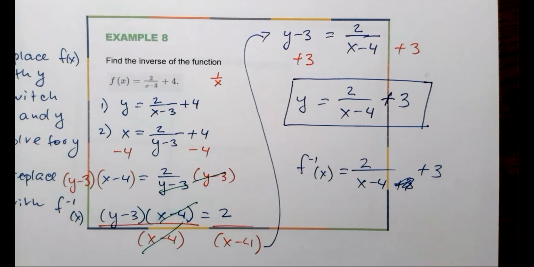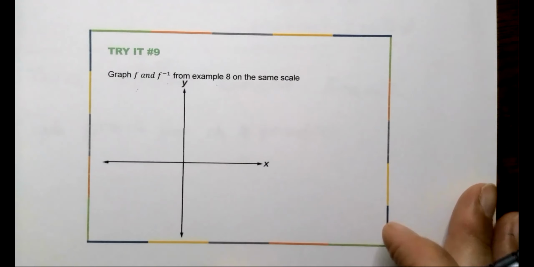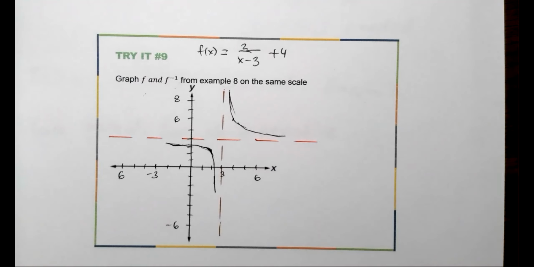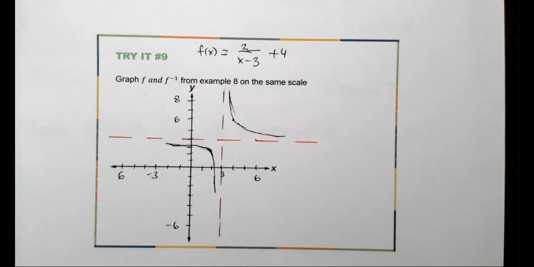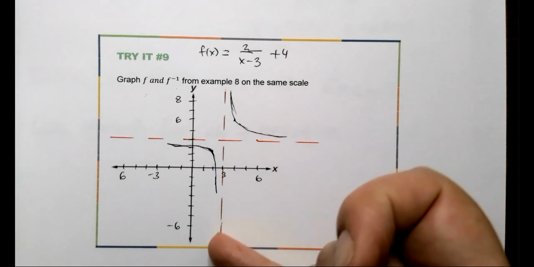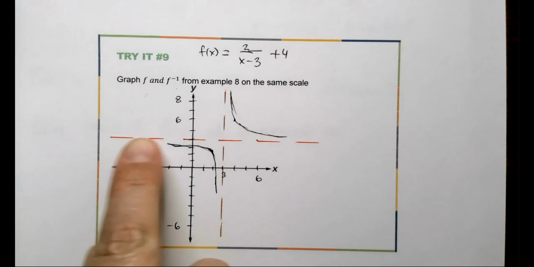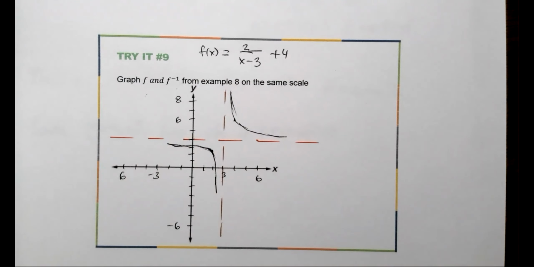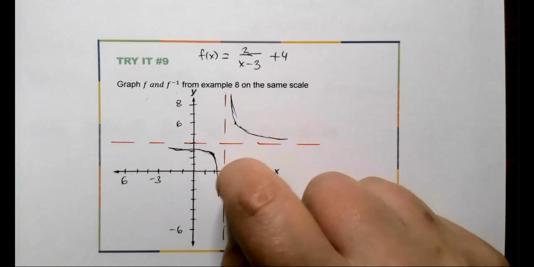Let's see how the inverse is gonna look. This is what I got for my f of x, 2 divided by x minus 3, plus 4. So I have asymptotes at x equals 3 and also y equals 4. And I also stretched it by a factor of 2.